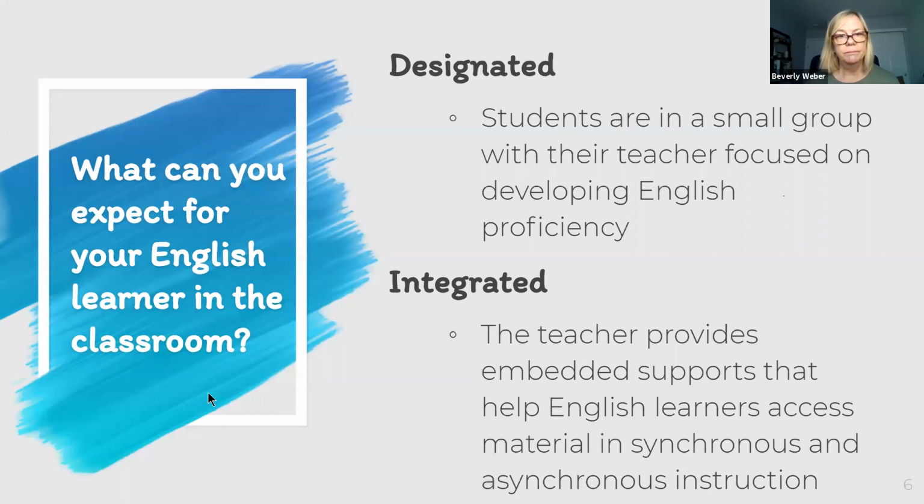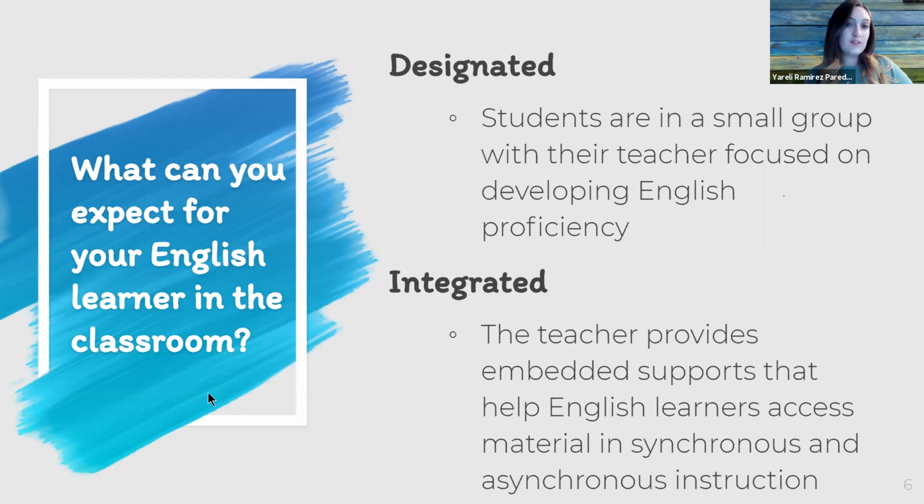Now, to continue on, what can you expect for your English learner in the classroom? Students receive designated English language development, which is when students are in a small group with their teacher focused on developing English proficiency.